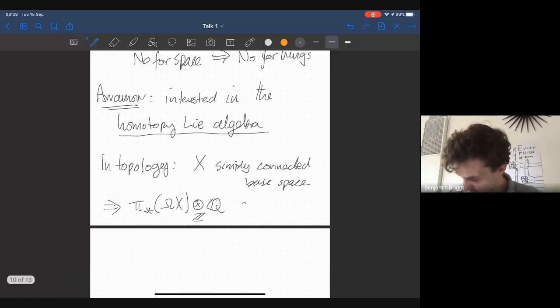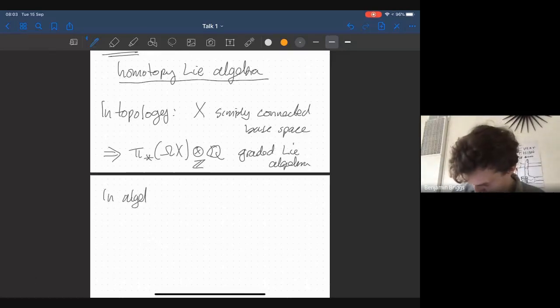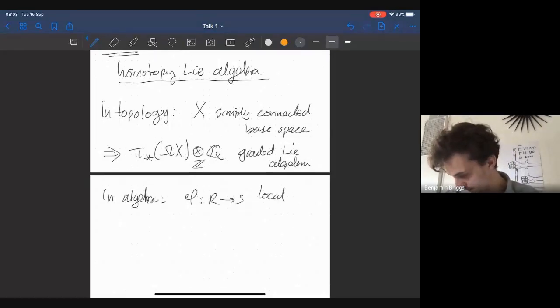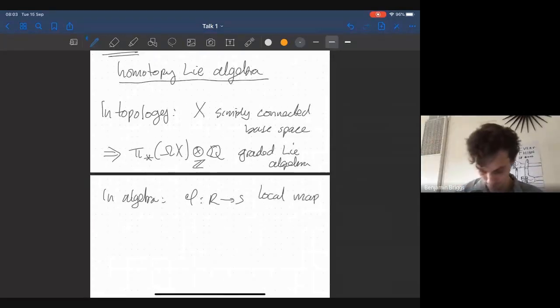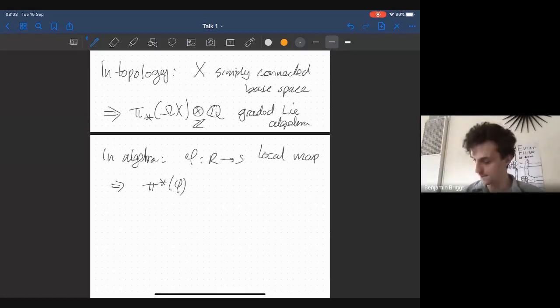So it's a graded Lie algebra. In a similar way to how you would construct that, in algebra, if phi, once again, from R to S is a local homomorphism, one can build from this a graded Lie algebra, pi star of phi.